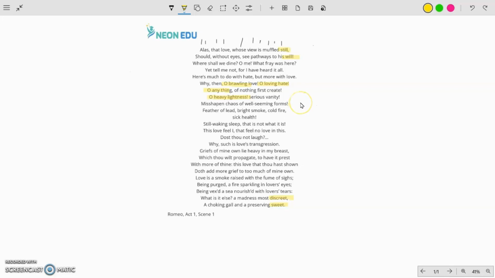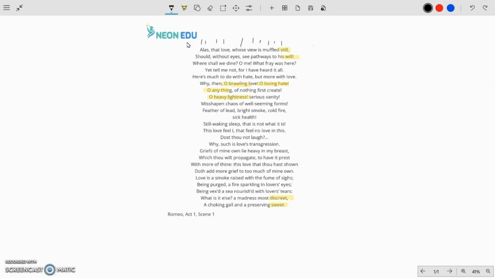We also know, because of when the scene is, that he is in love with Rosalind, which we should also be context to his emotions at this point, which will be unrequited love. Again, this can be indicated at various points in this monologue. The first line saying, "alas that love whose view is muffled."